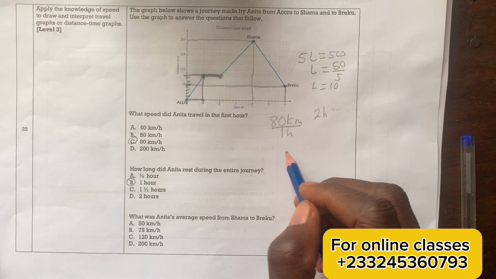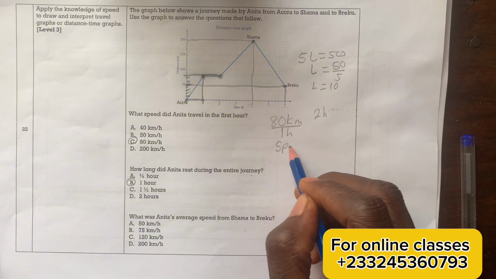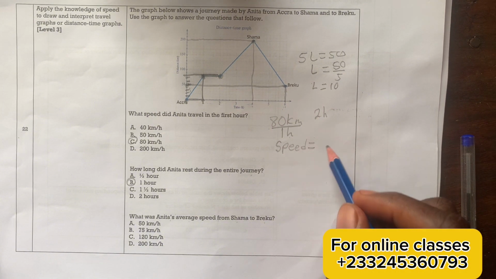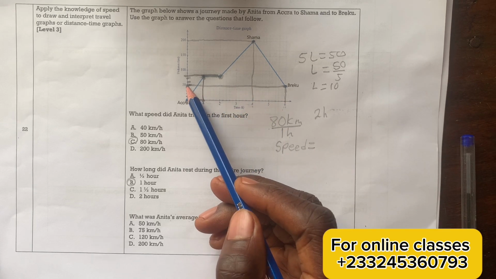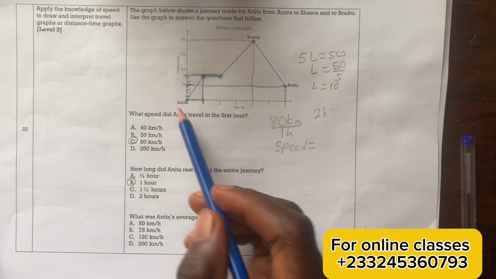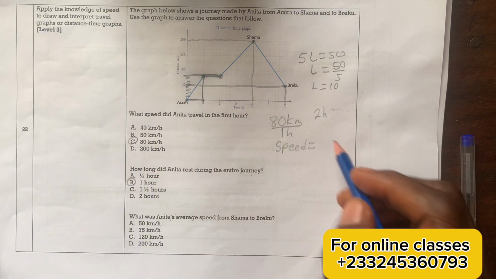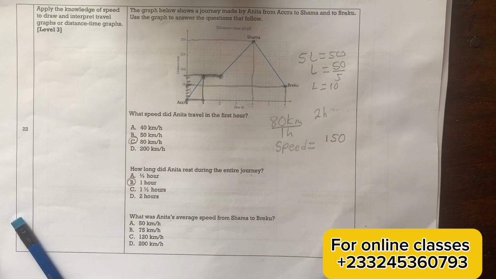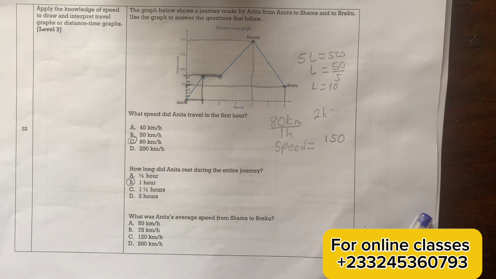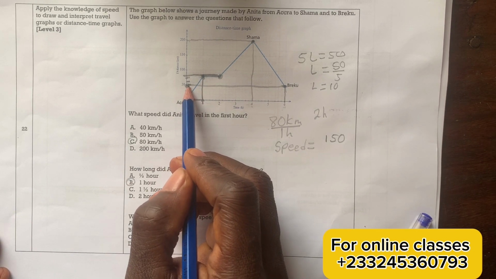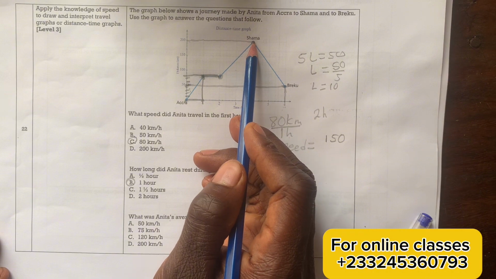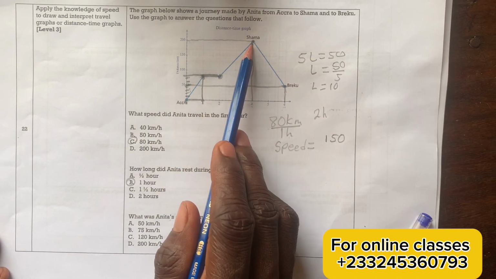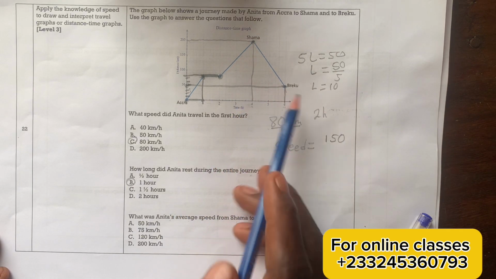So we need to take the distance. We know that speed equals distance over time. So we need the distance between 50 and 200. So just subtract 50 from 200. That will give you 150. Look at it very well. Here is 200 kilometers mark. And Anita has traveled to this point.